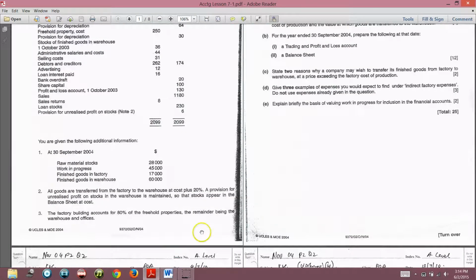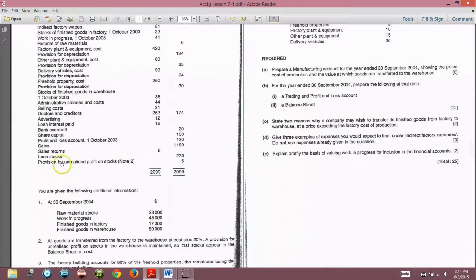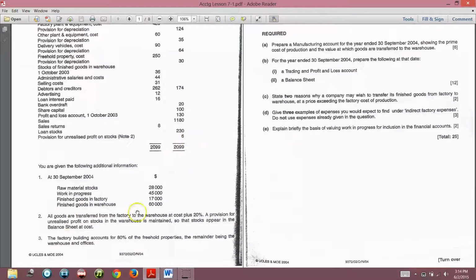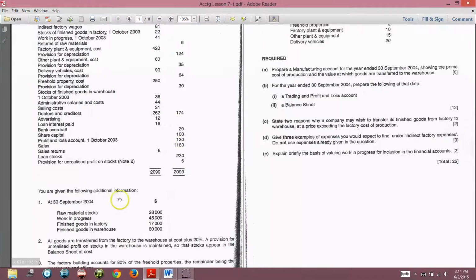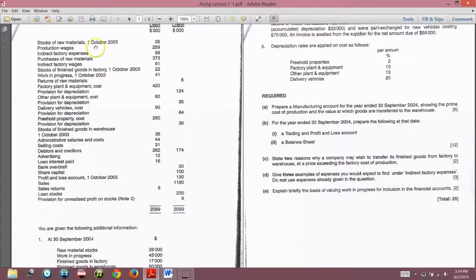There is a provision for unrealized profit on stock, and note 2 explains what this provision is for. It's given in the question that this is the closing stock, and this is the opening stock. So stock of finished goods in the factory is 22,000.